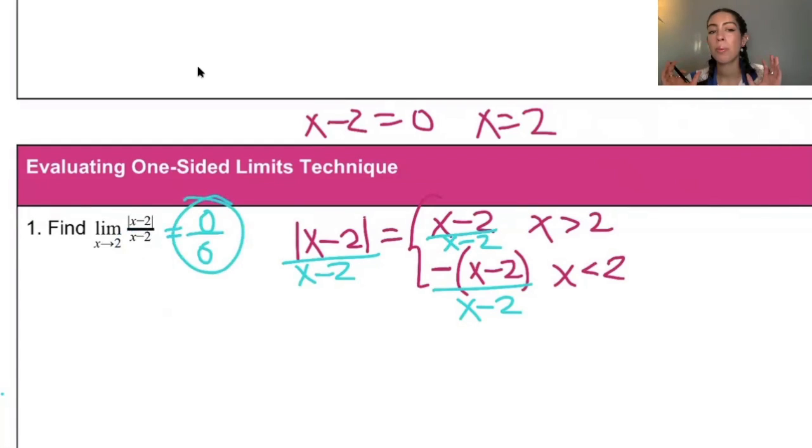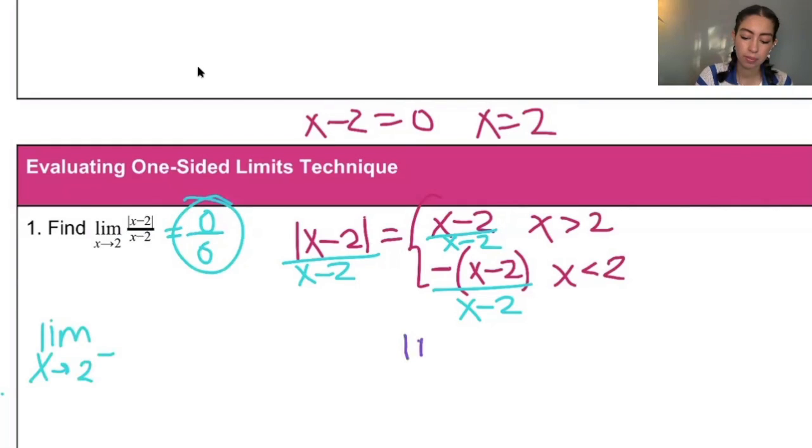So with piecewise functions, we're always going to have to break down the limit from the left side, and then we're going to have to do the right side as well. And we have to determine, because it's a piecewise function, there's going to be different functions taking place on either side, meeting up at that point.